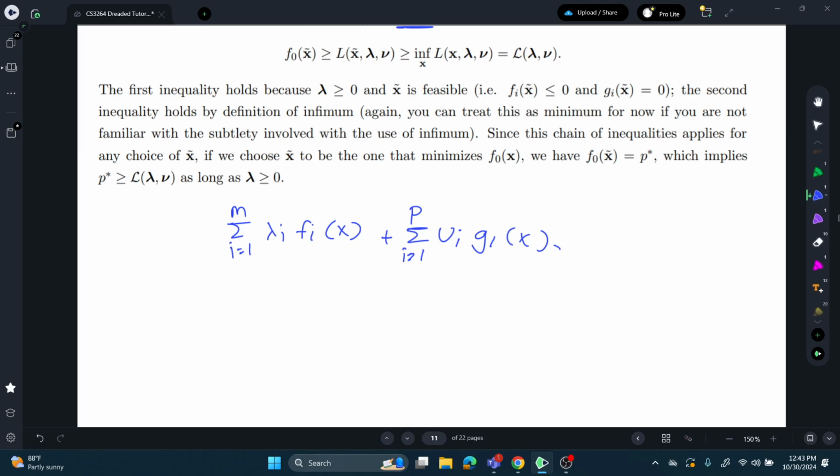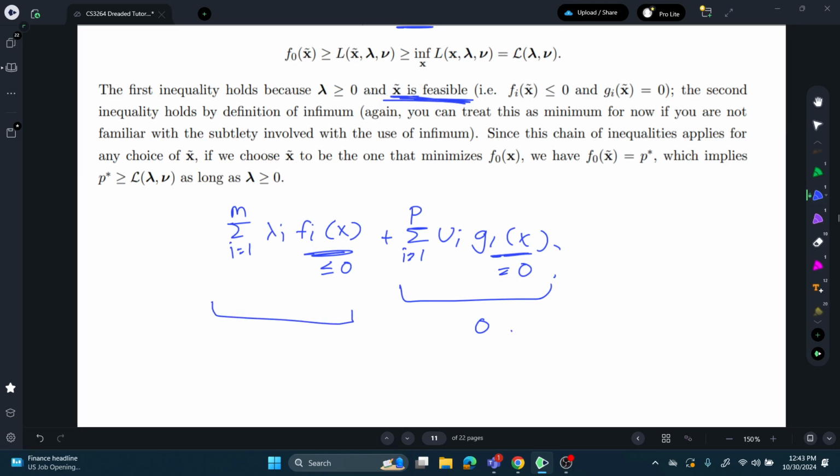Initially, we add this to our Lagrangian. Notice that when our x itself is a feasible solution, when we say feasible, it means just a valid solution that satisfies the constraints, this fi will be less than or equal to 0. This gi will be equal to 0. Essentially saying, this whole part is actually 0 the moment that our x itself is feasible. When x is valid, then this whole part is 0.